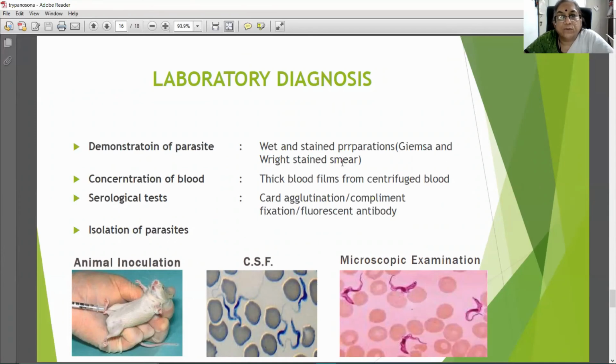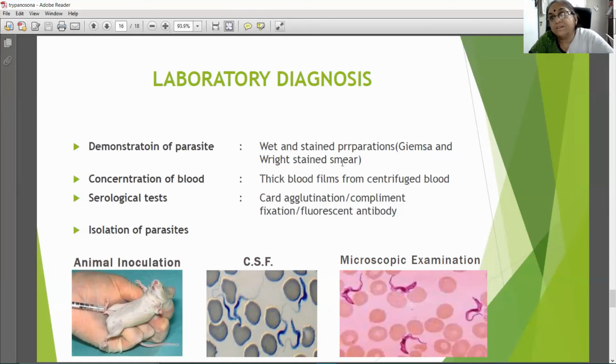Concentration of the blood: thick films can be done by taking the blood and centrifuging it, and in this thick film you can find this type of parasites.